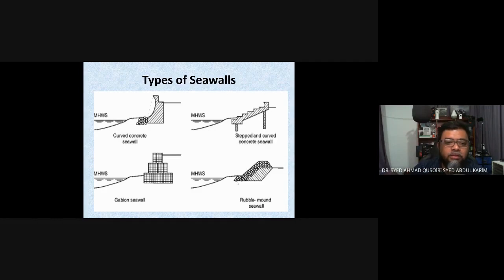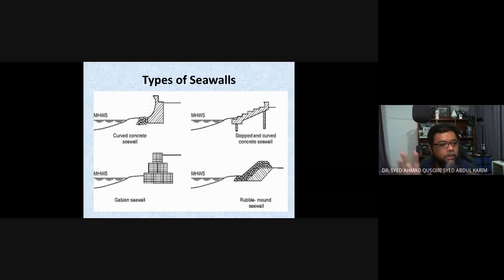Okay, it's not like this curved seawall. Kan? This curved seawall is reflecting back the energy to the sea. Okay, at almost the same magnitude. But by having this rubble mound seawall, kita tahu lah kan batu-batu ni ada ruang-ruang kosong.